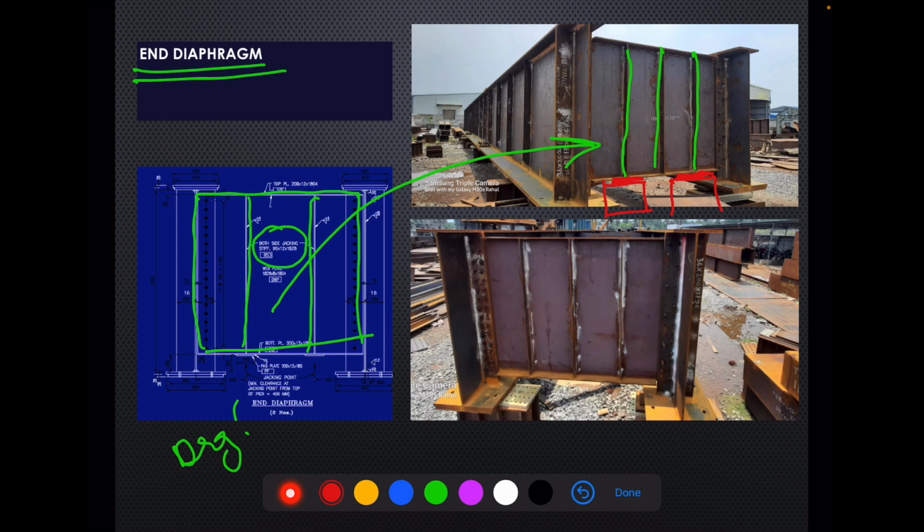For example, if you want to inspect the condition of the bearing, or change the bearing, or do some repair work, you have to lift the girder assembly after detaching the track over it. If we do not provide these stiffeners, this web can buckle. So to have a strong web, we have provided jacking stiffeners over these end diaphragms. So these are the jacking stiffeners.